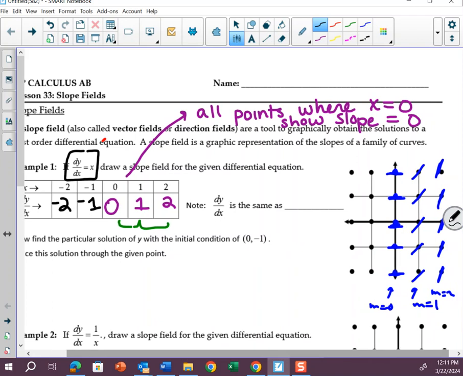So the other half of this slope field would have some -1 slopes when x is -1, and then some -2 slopes when x is -2. So that's my -2 slopes, my -1 slopes, my 0 slopes, my 1 slopes, and my 2 slopes.